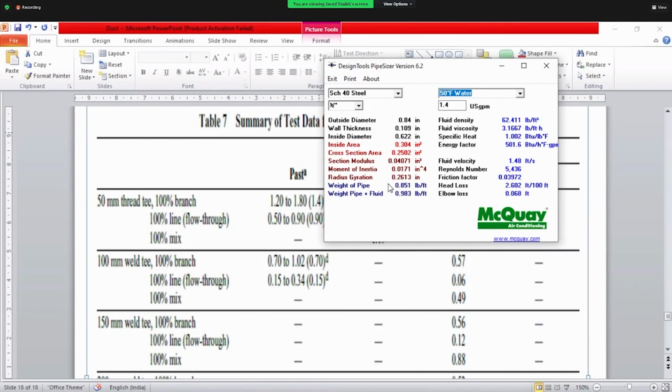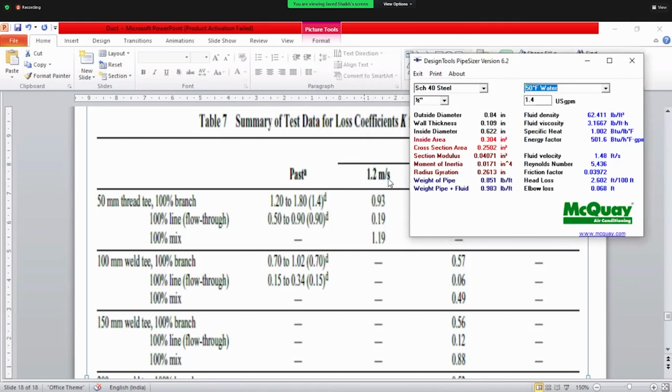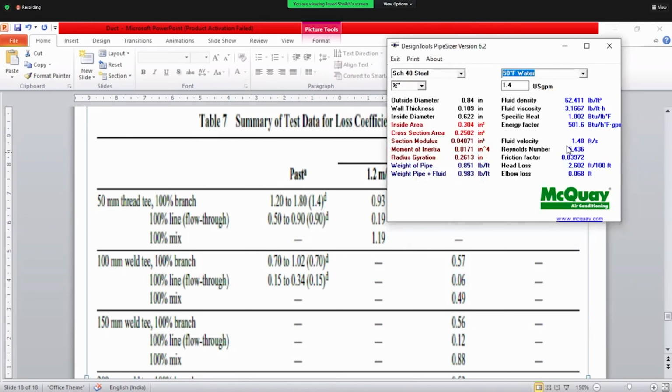So 1.2 meter per second is how much? If we convert into feet per second, it is 4 feet per second. So the fluid velocity should not increase beyond 4 feet per second, and we also have to see the head loss. These 2 points we have to check. In case of designing, the head loss should be below 4 feet per 100 feet, and the fluid velocity also below 4 feet per second after conversion.